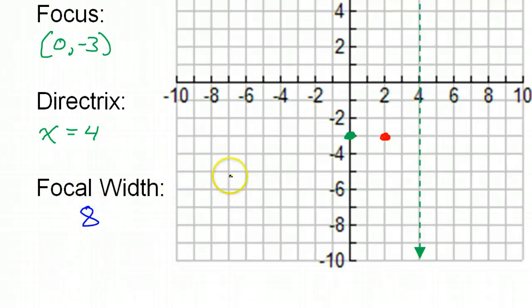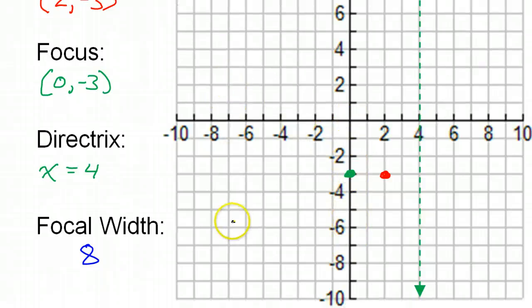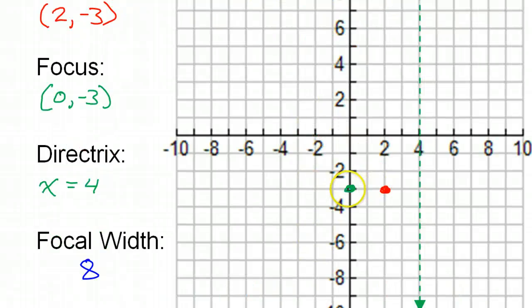Now let's use the focal width to finish this graph. That means that at the focus, the parabola has a width of 8. So if I go 4 up from the focus and 4 down, that's going to give me my width of 8.